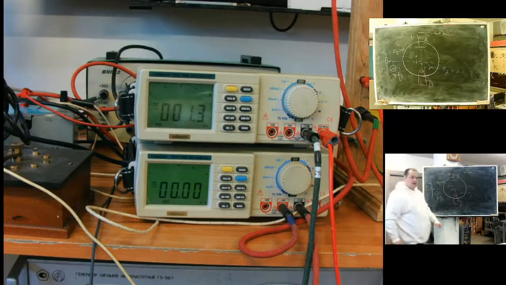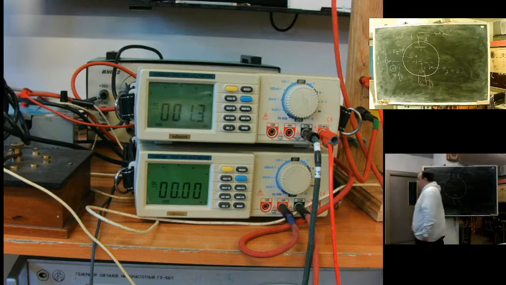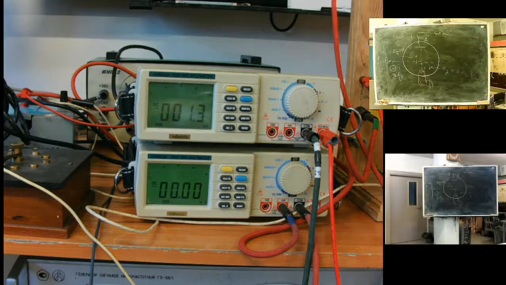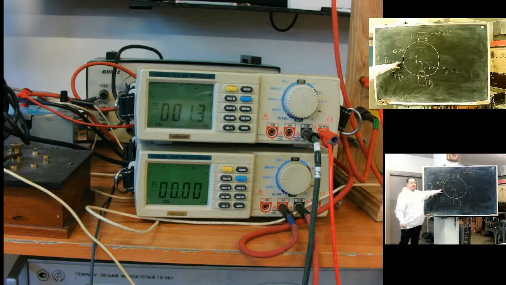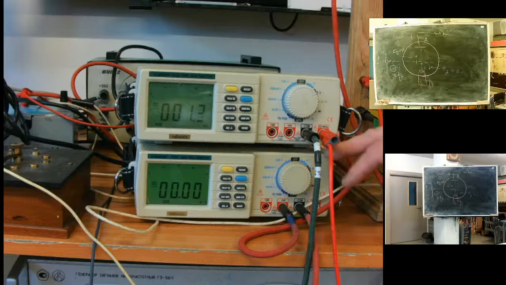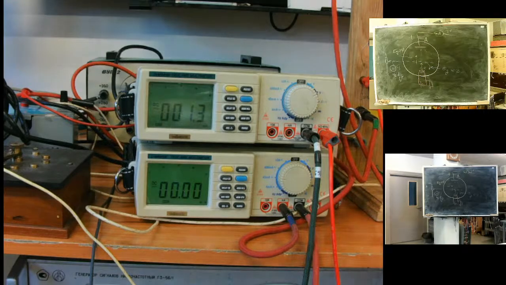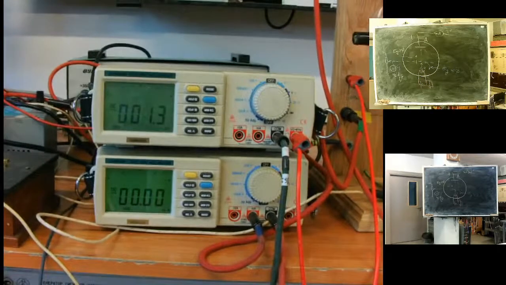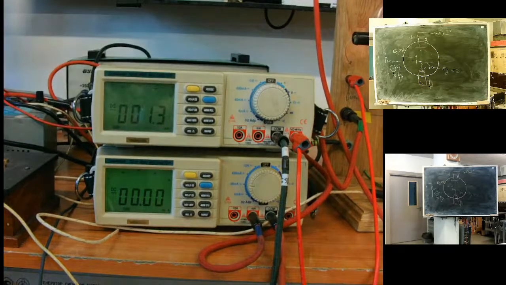Yes, now we have two meters. This one measures grid voltage, and the bottom, lower one measures another current. And let's see what will happen.